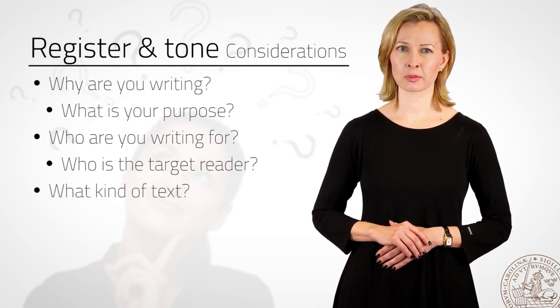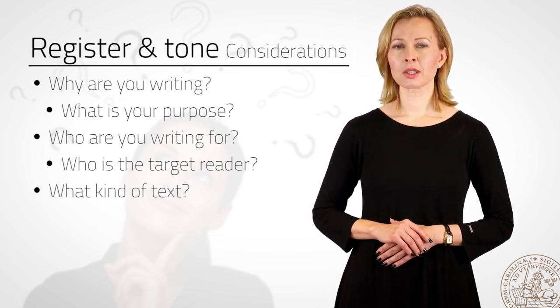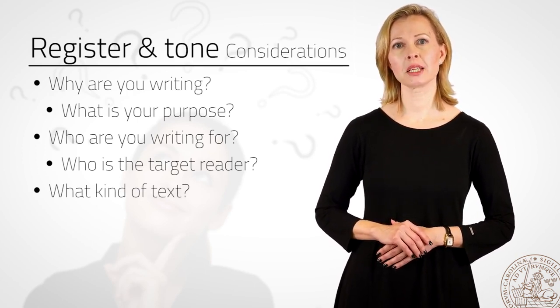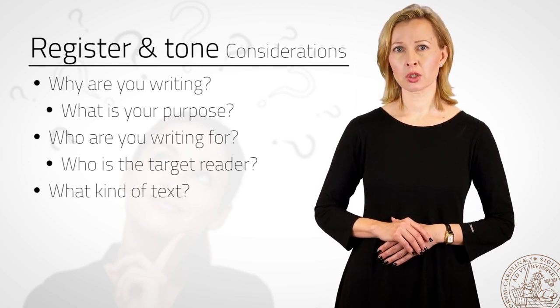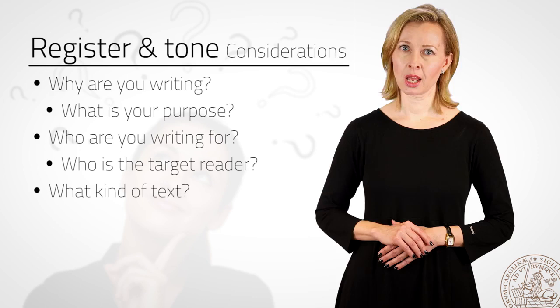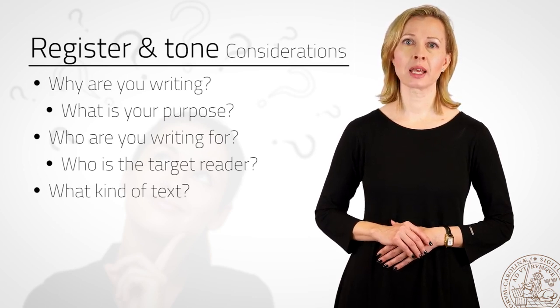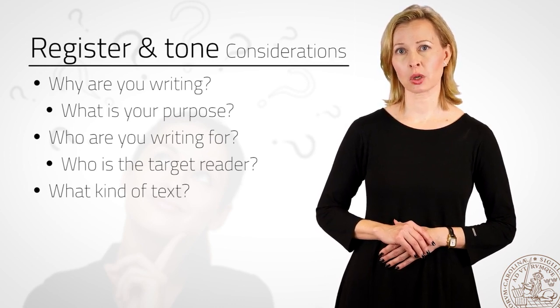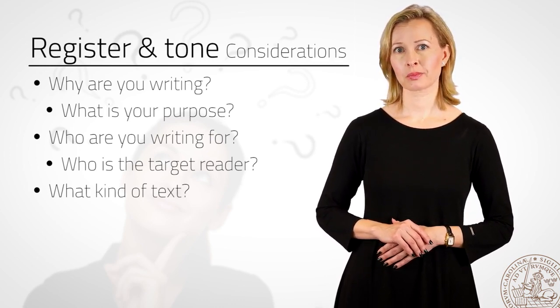What is the genre? The answers to these questions help you pick the right register and tone for the writing situation that you're in, so you'll be able to identify and correct all words, phrases, grammar choices, spelling, and so on that are not part of that particular writing situation and try to fix them.